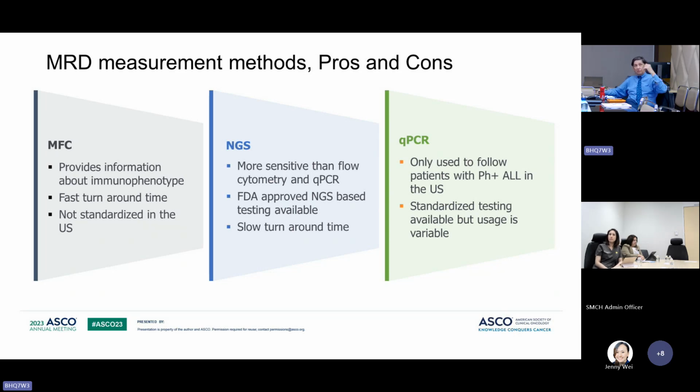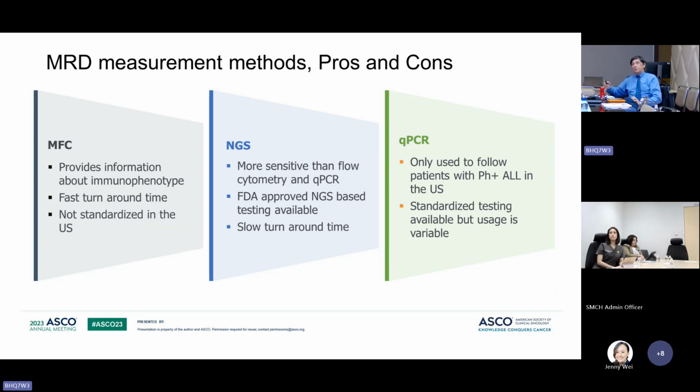Next generation sequencing is far more sensitive. It is FDA approved now for a limited number of genes that are actionable. We have a next generation sequencing panel that looks at 200 different genes. As far as insurance companies are concerned, you can only bill for the ones that are actionable, so a lot of it is just collected.